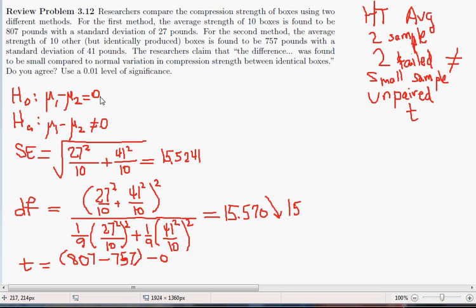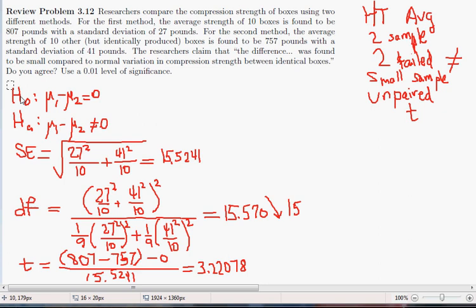In this case, the expected difference is 0 from the null hypothesis, divided by the standard error for the difference, which is 15.5241. And that works out to be 3.22078. So that is our test statistic.